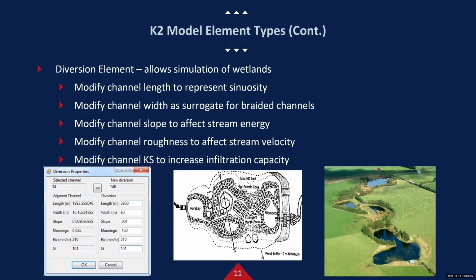We also have a diversion element. So think about a place where, and this actually occurs a lot, a developer goes into an area and it's got a wetland, and typically wetlands are relatively flat. They often have a lot of vegetation in them. And they're often very effective at filtering out sediment as well as other pollutants.